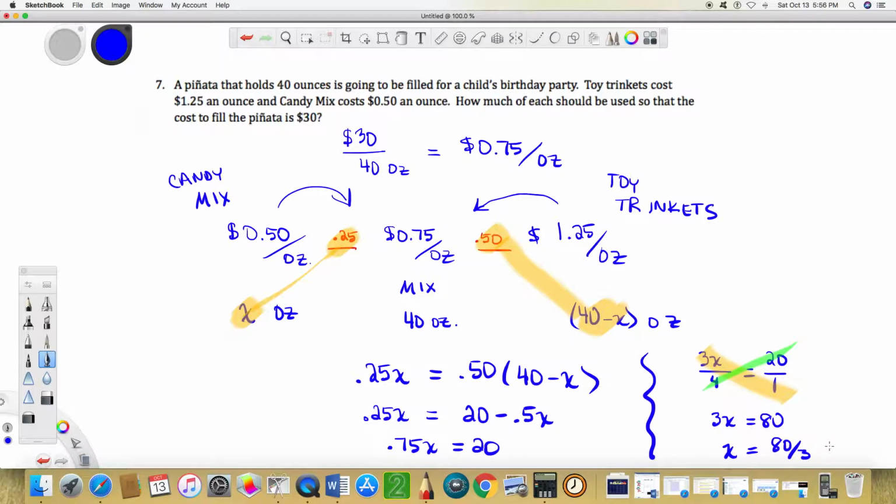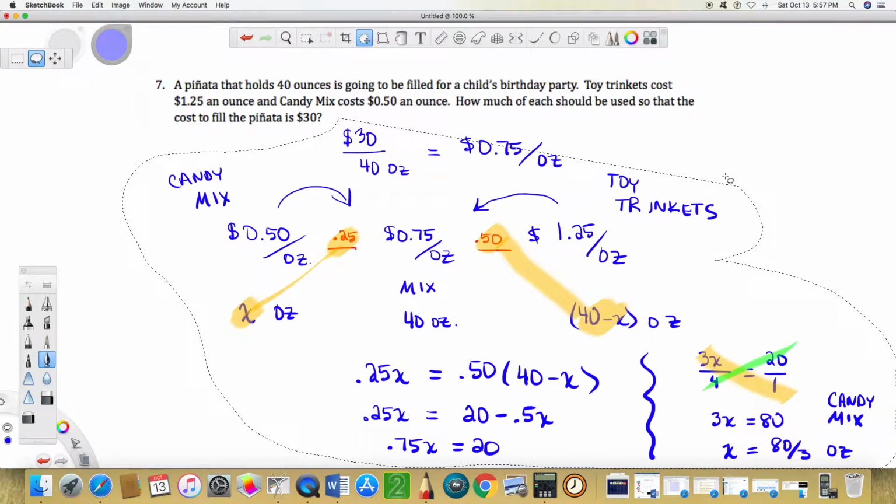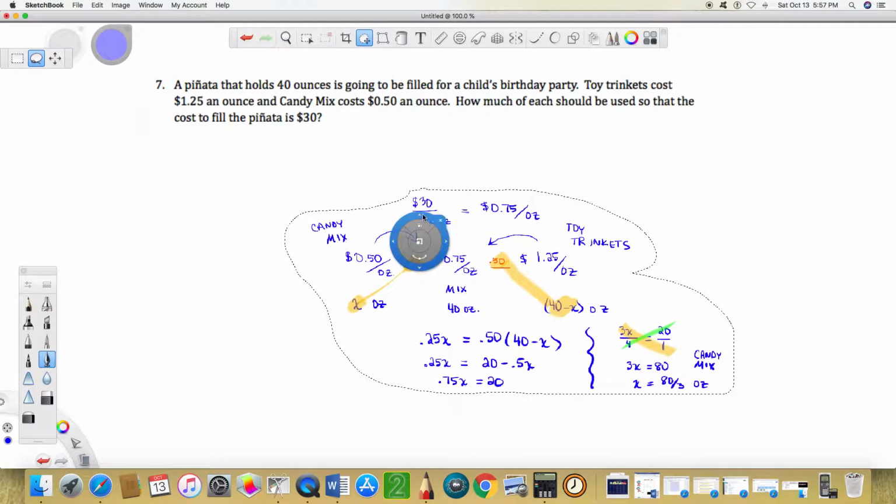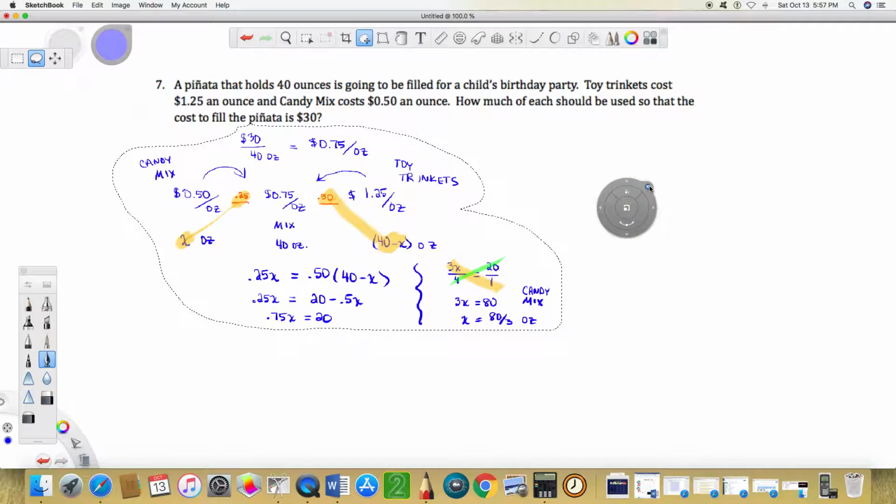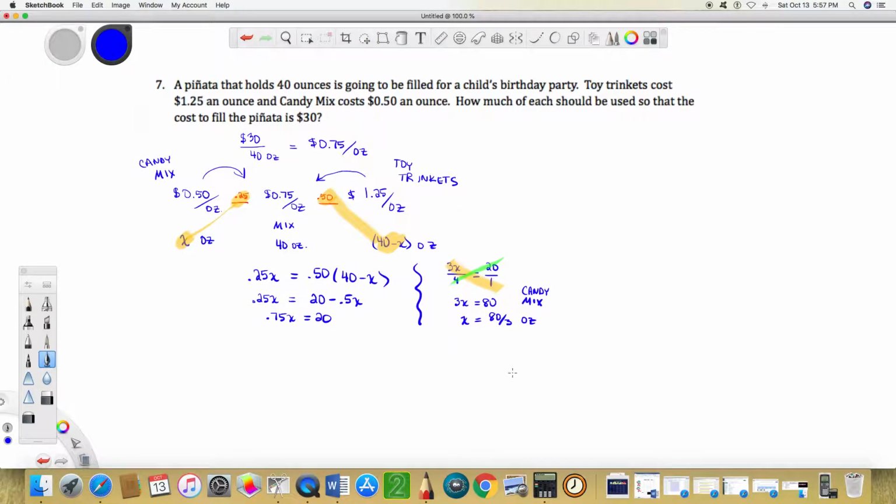X was the ounces of the candy mix. Now, we also need to tell the trinkets, so it's going to be 40 minus that. So let's go ahead and shrink this up so that we can figure that out. So 40 minus x.